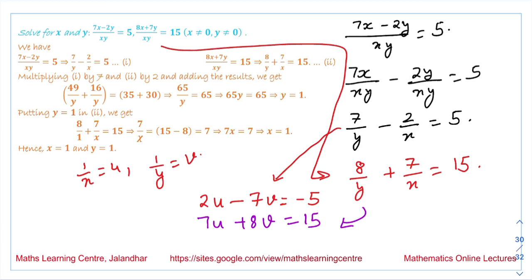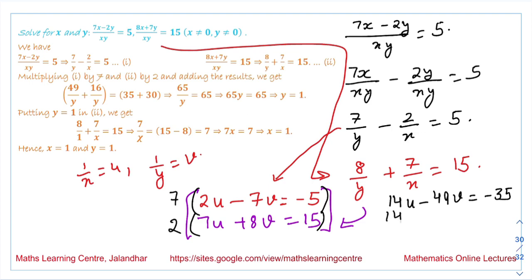Now we have to solve these two equations. We are going to multiply the first equation with 7 and the second equation with 2. So we get 14u minus 49v is equal to minus 35. Then it is 14u plus 16v is equal to 30.